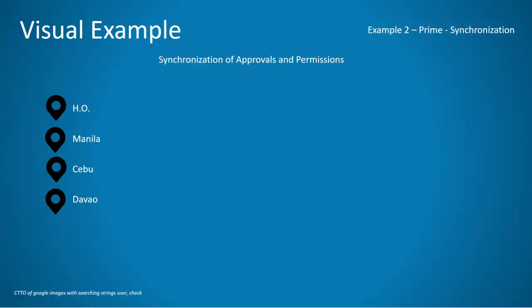In example number 2 we have prime synchronization. In this example, we will synchronize two entries, the approvals and the permission entries. Here we have four locations.